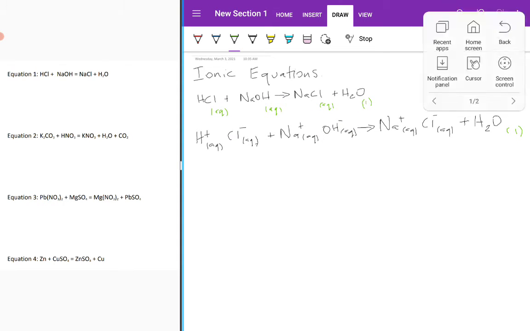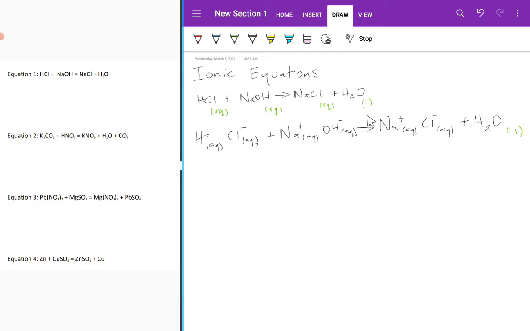Now we need to look for our spectator ions. Now that we've assigned our state symbols, we've broken up all the aqueous compounds. Notice we haven't done anything to the water because it's not aqueous, so now we need to look for changes. Anywhere that we don't see any change, that's what we're going to cancel and get rid of. So we need to remove our spectators. We have H plus aqueous on the left, but H2O liquid on the right, so we leave that alone.